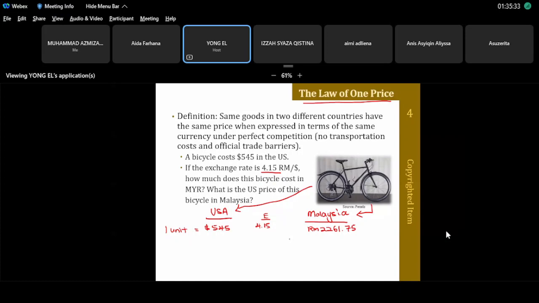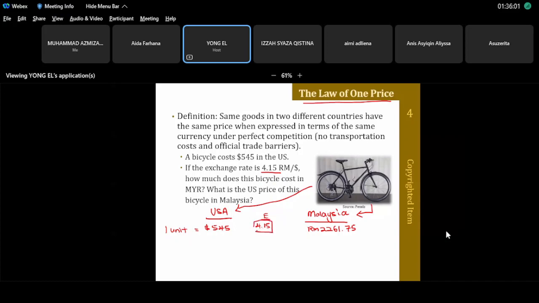You see, the price 545 is the price of this bicycle in the United States, and the price in Malaysia is 2261.75 right here. So the price in Malaysia is the same as the price in the United States for this bicycle at this exchange rate.